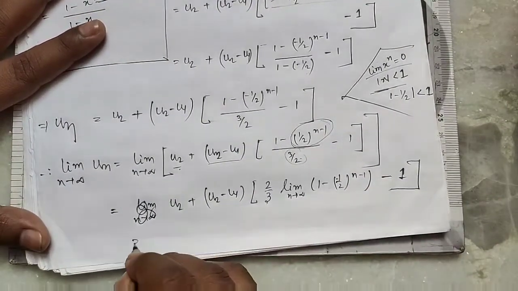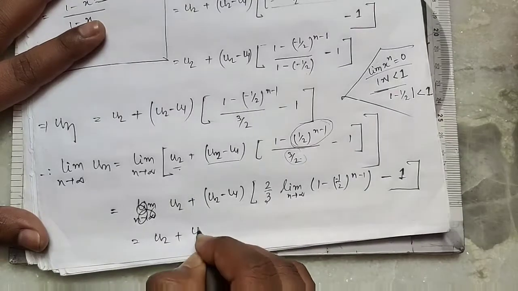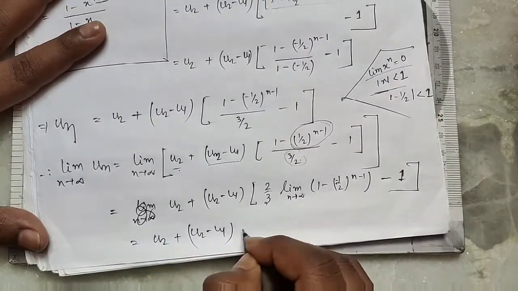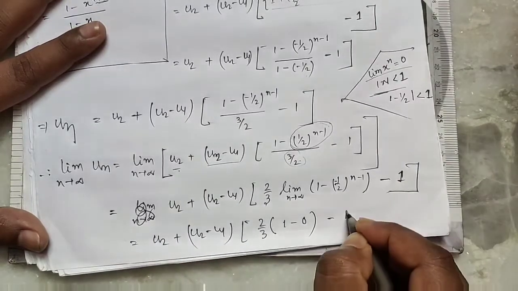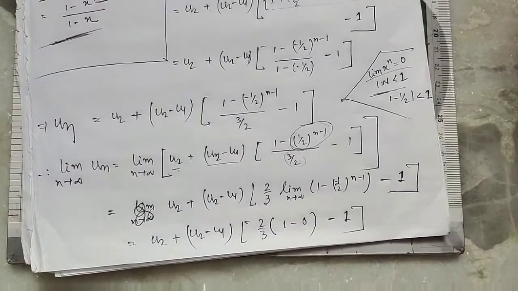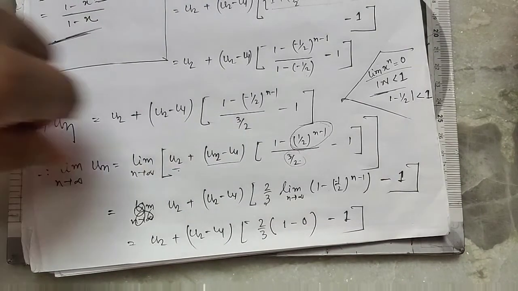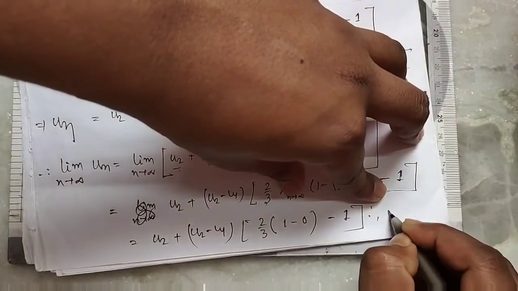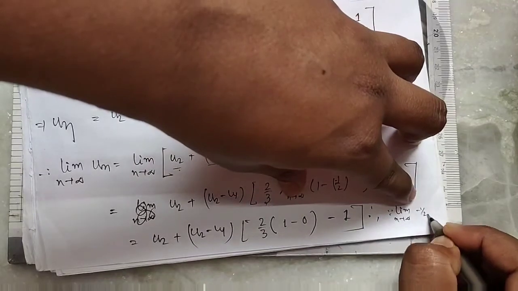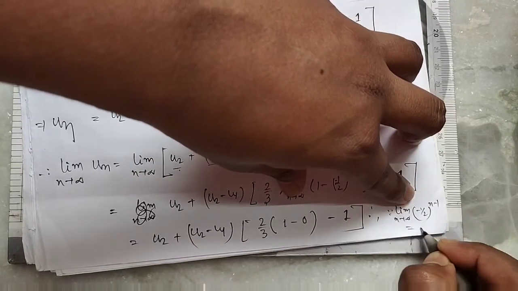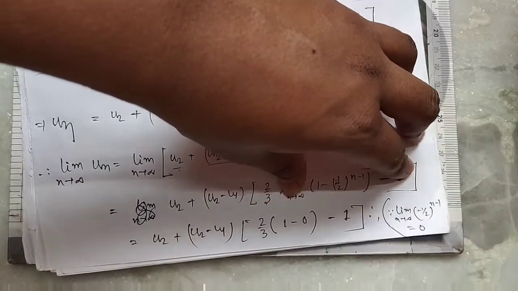So this limit, u2 plus (u2 minus u1) into 2 by 3, this is 1 minus 0, minus 1. Okay, clear? Converges to 0 since limit n tends to infinity of minus half to the power n minus 1 converges to 0.